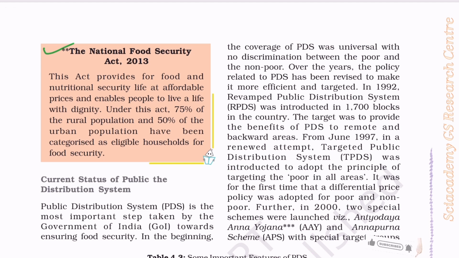This act provides for food and nutritional security at affordable prices and enables people to live a life with dignity. Under this act, 75% of the rural population and 50% of the urban population have been categorized as eligible households for food security.